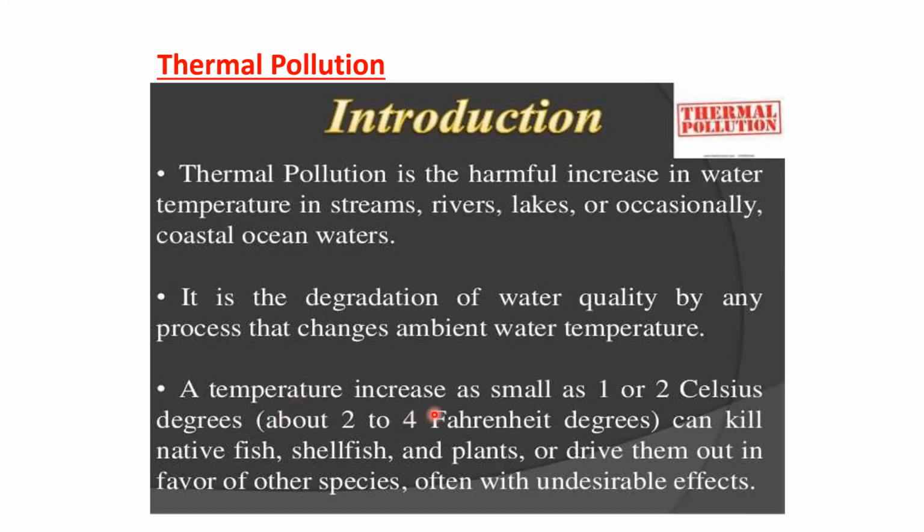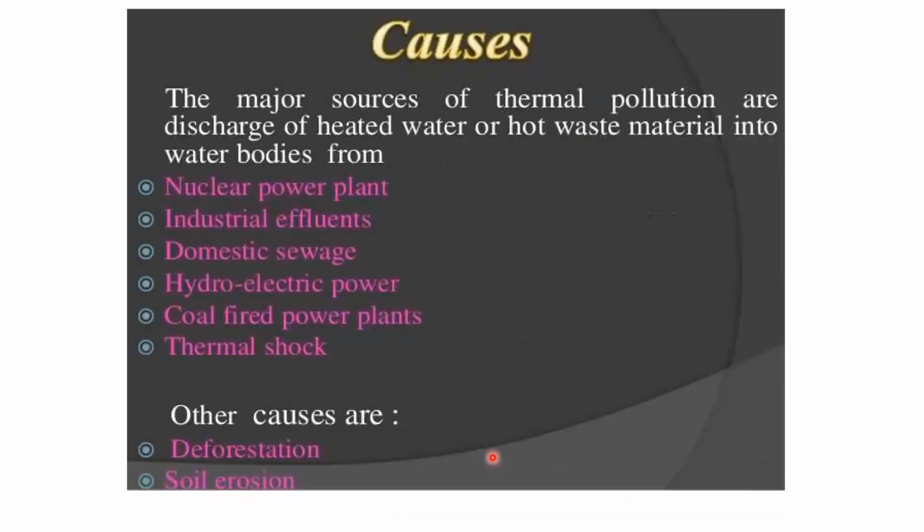A temperature increase as small as 1 or 2 degrees Celsius can kill native fish inside the sea, ocean, river, or lake, shellfish, and plants, or drive them out in favor of other species, often with undesirable effects. So that is the effect of thermal pollution on the life below the surface.